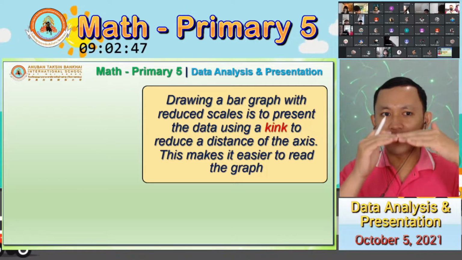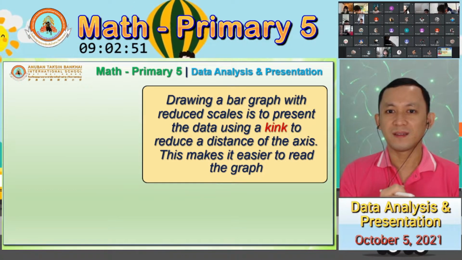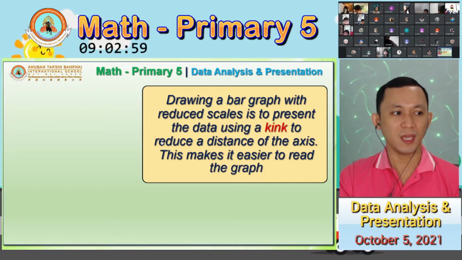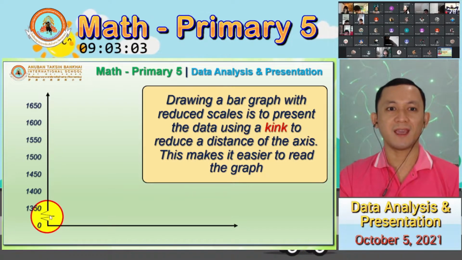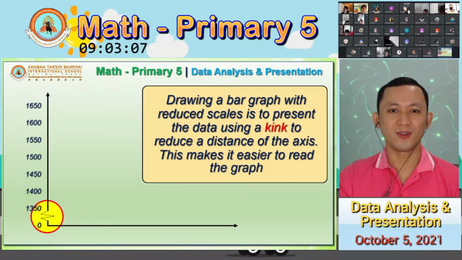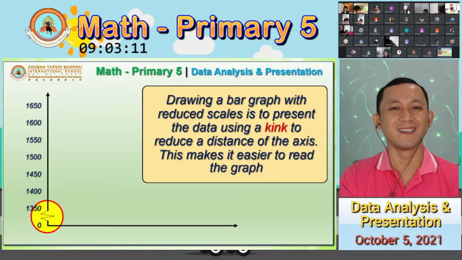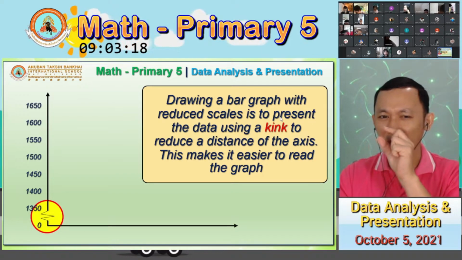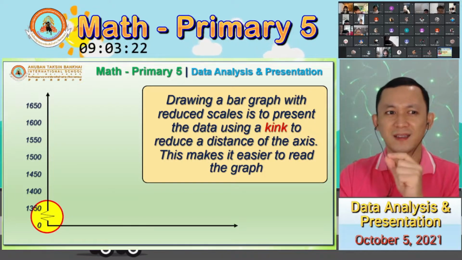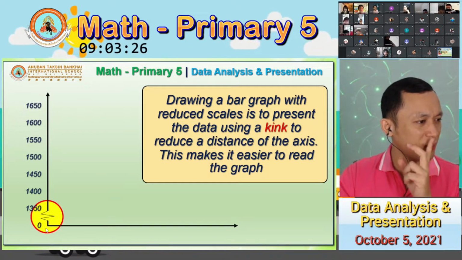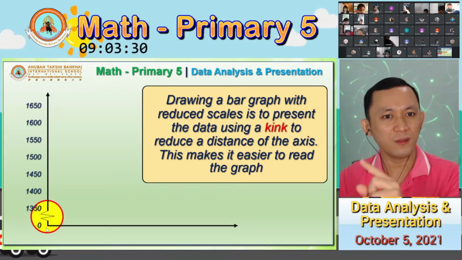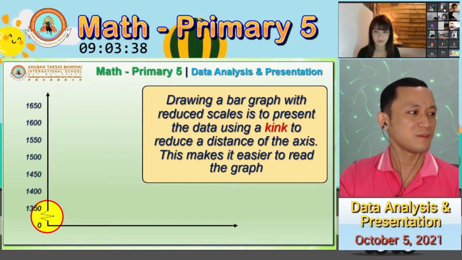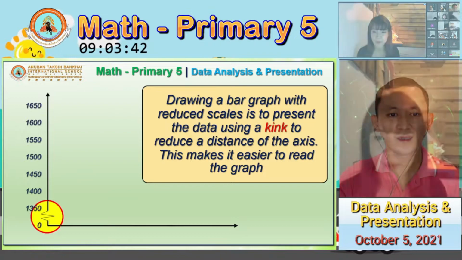So instead of making 0, 50, 100, we try to reduce, cut, make it smaller, and then we use kink. Look carefully: write 0, then 1,350, 1,400, 1,450.